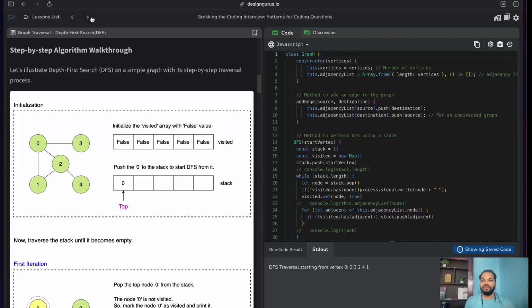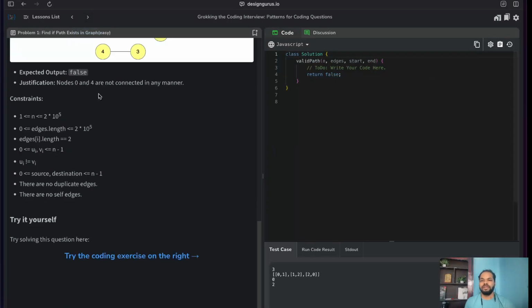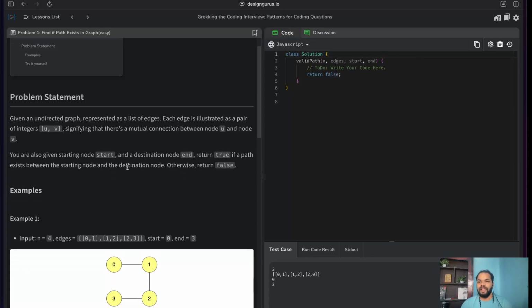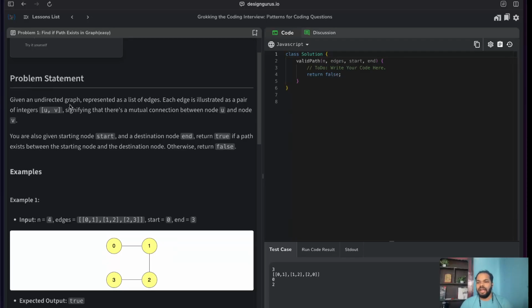And now we can move to the first problem of today. The first problem of today is find if path exists in graph, easy. Okay, easy problem. Given an undirected graph represented as a list of edges, each edge is a pair of integers u and v, signifying that there is a mutual connection between node u and node v.